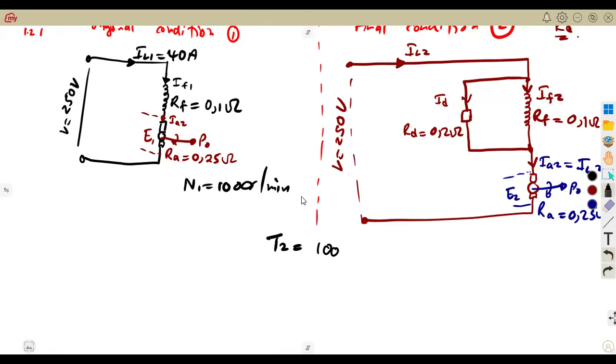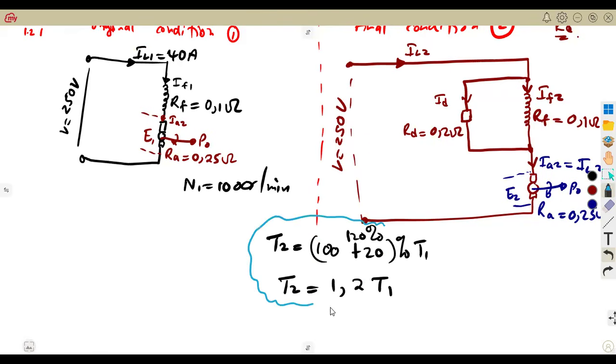When it is originally there, it is at 100%. So it increased by 20%, you must add 20%. So it's going to be 120% of T1. Divide this by 100. So it's going to be 1.2 of T1 at the end. So this is the torque relationship, meaning to say that the torque equation also has to play a role.